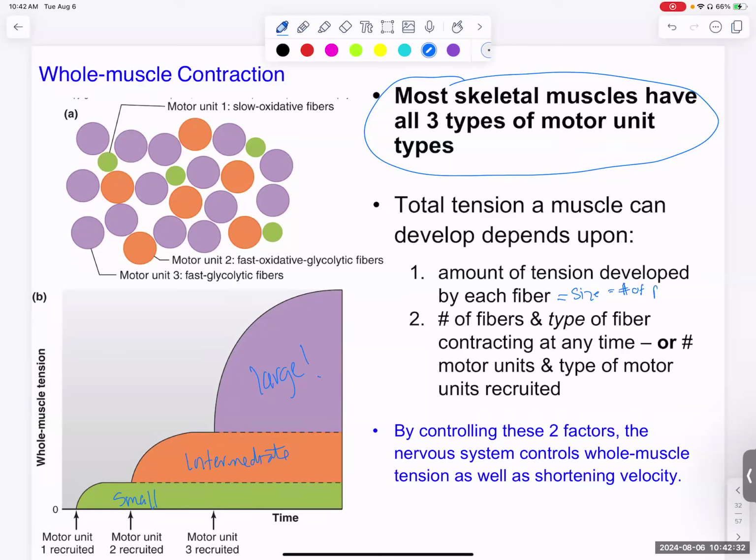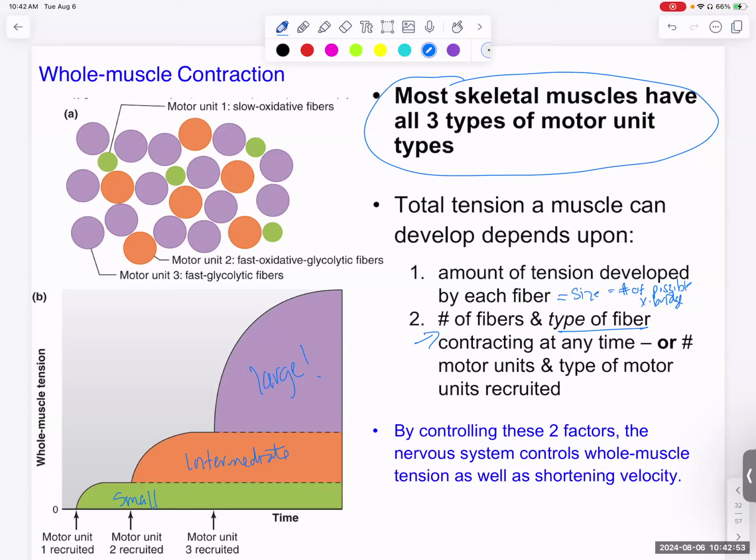Number of possible cross bridges. And that's really determined by the number of myofibrils. And then the number of fibers and the type of fiber is the next thing. Are they fast twitch? Are they slow twitch? And so forth.